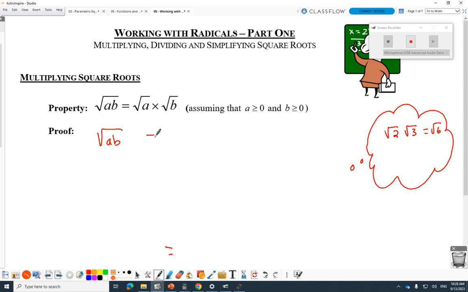The only weapon we have available in this is that square root can be made into an exponent. And if last night you were doing homework going, why do I care about switching from radical form, that root thing, to exponent form, here's one of the reasons. I can use it for proofs. The square root can become an exponent.